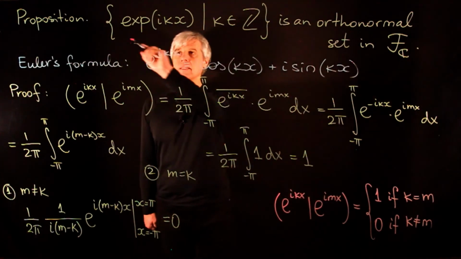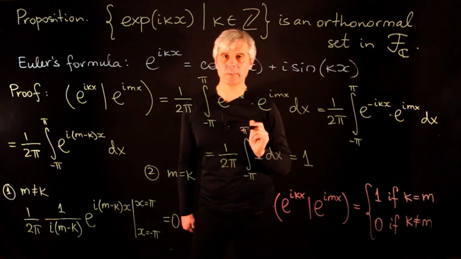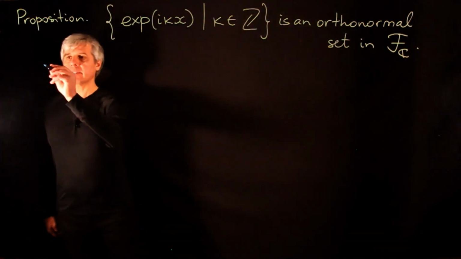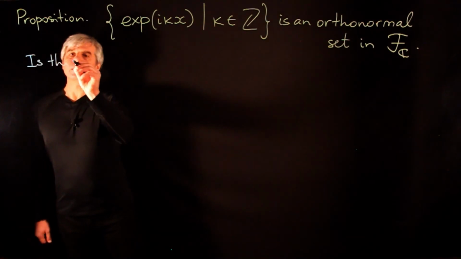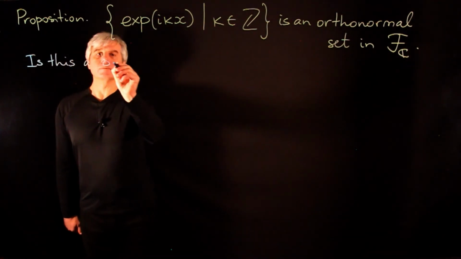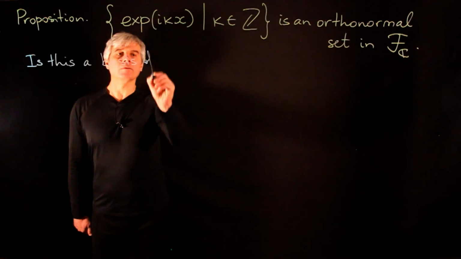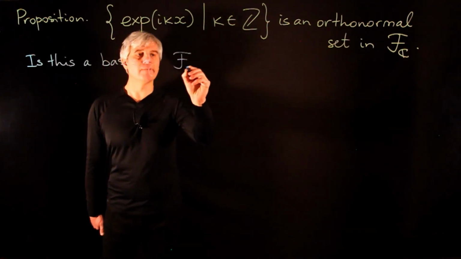So this means that this set is orthonormal. It is natural to ask the question whether this is a basis of the space Fc.